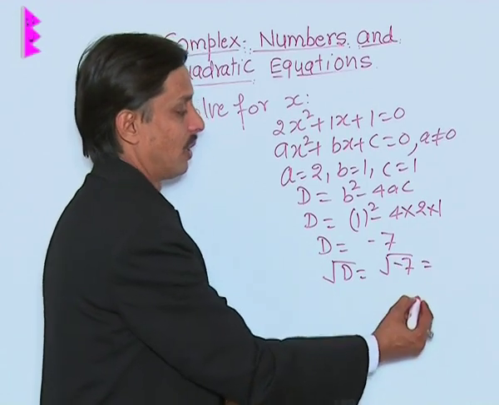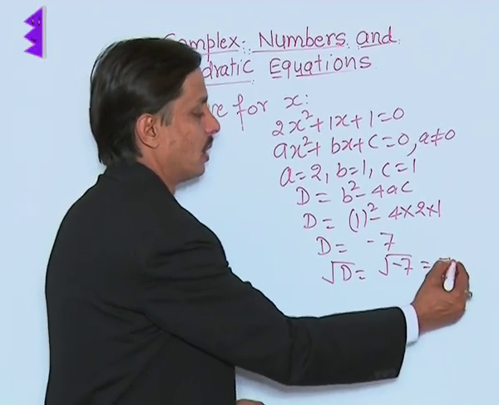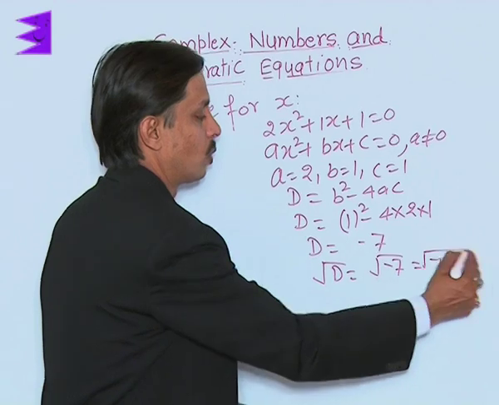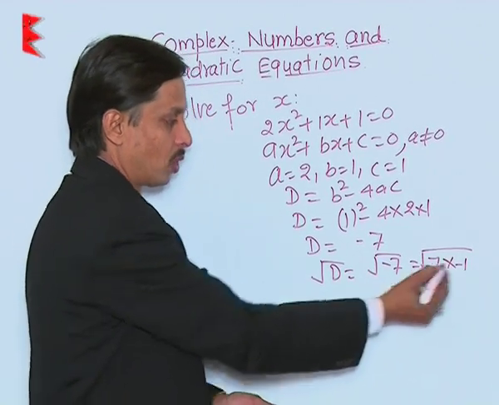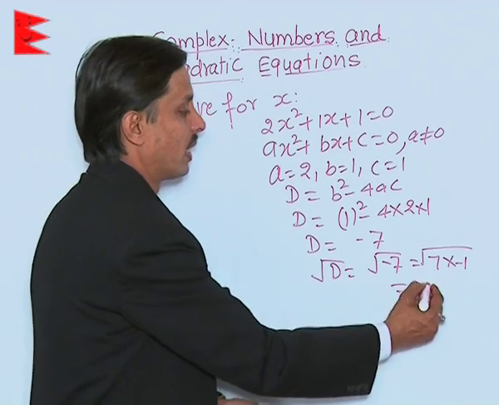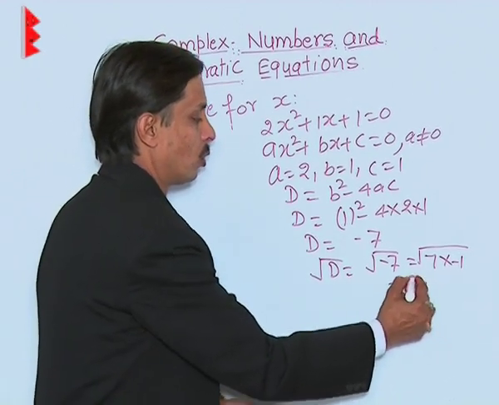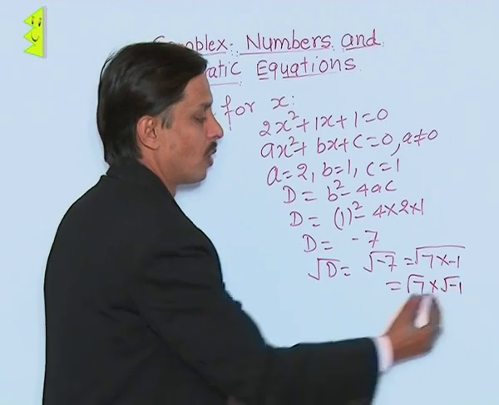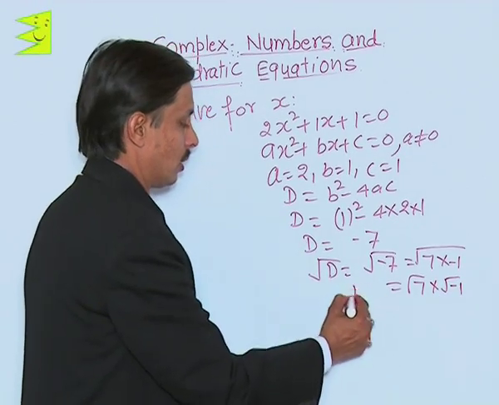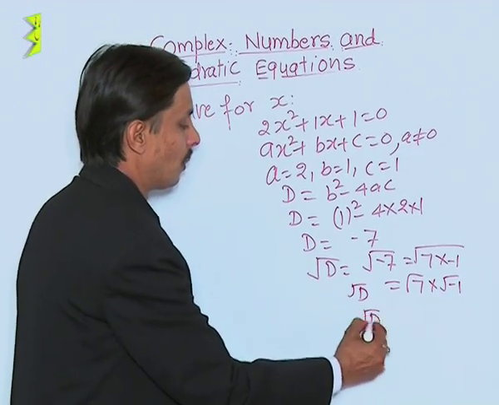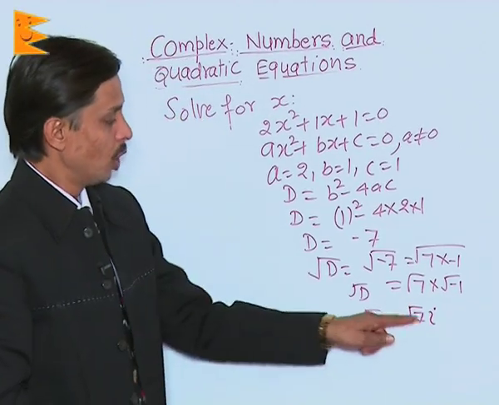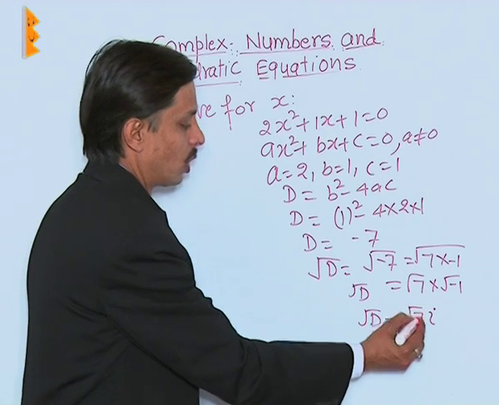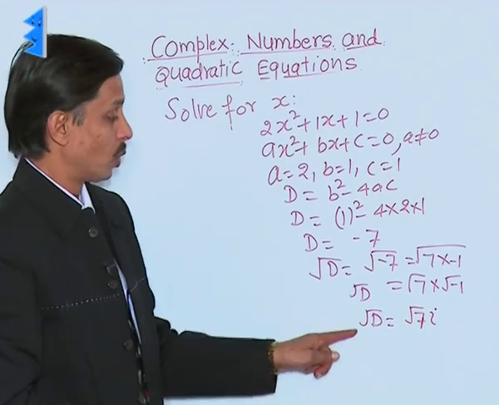Root of minus 7 can also be written as root of 7 into root of minus 1, and root of minus 1 is iota. So I can write it as root of 7 into root of minus 1. That is, the value of root of discriminant becomes root 7 iota.